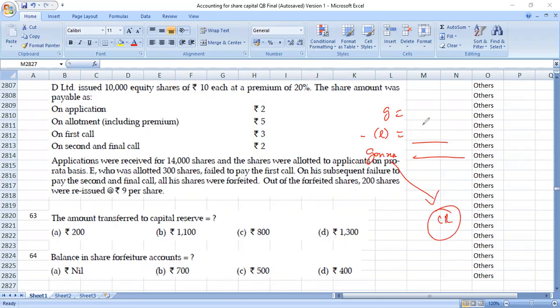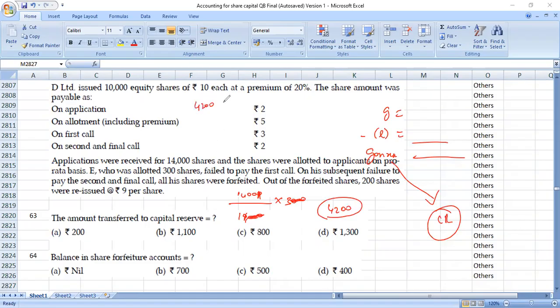Gain on forfeiture per share evlo. He who was allotted failed to pay the first call. Then it is a headache. We'll have to sit and calculate. Okay. He vandhu 300 shares allot aayirukku. Avan ethanai application make panniyiruppaaru? 10,000 mela 14,000. 14 into 3 is 42. 4,200 applications make pannirupaar.